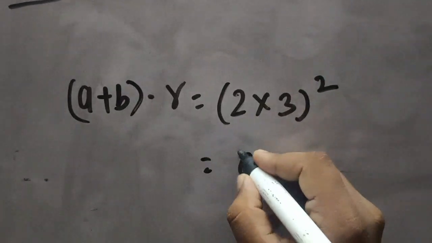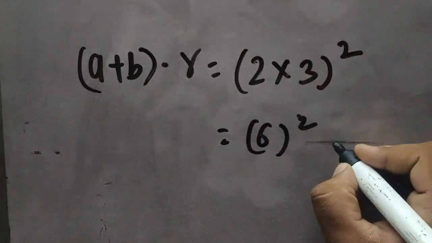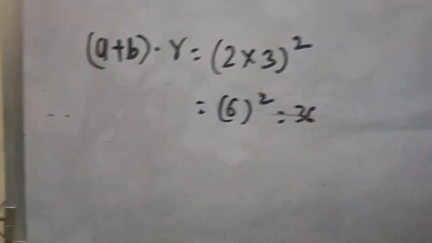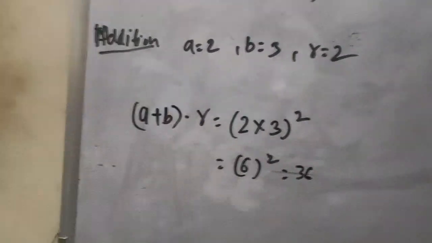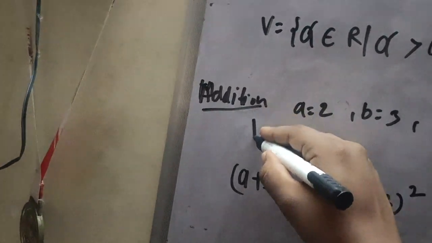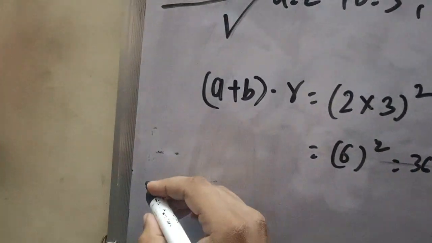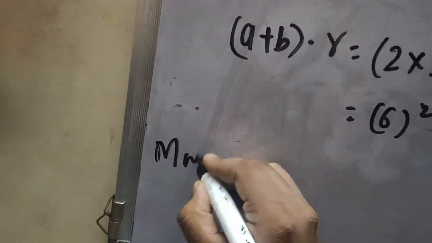So it's 6 raised to 2, that is 36. Does 36 belong to this set? Absolutely, it belongs. So is addition satisfied? Yes, addition is satisfied.